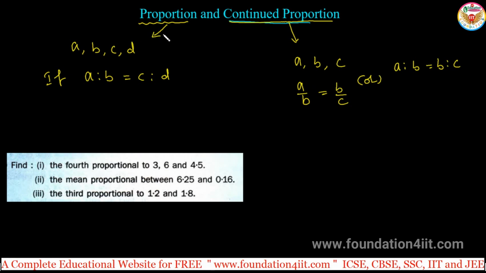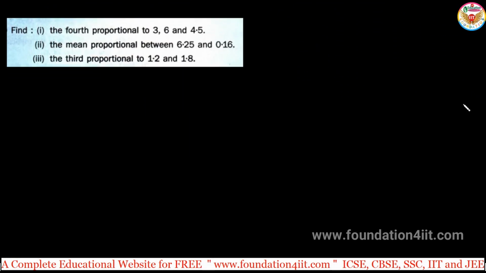So this is the difference. Remember, four numbers are in proportion when the first two quantities' ratio is exactly equal to the last two quantities' ratio. In continued proportion, first to second and second to third should be equal.